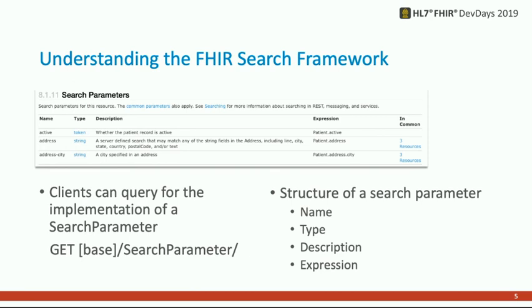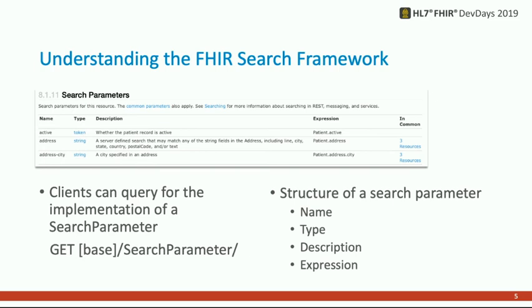We always have a name, a type, a description, and an expression. The expression is a FHIRPath expression, so you can see what the server is selecting if you try to achieve a match on that particular parameter with a given name.